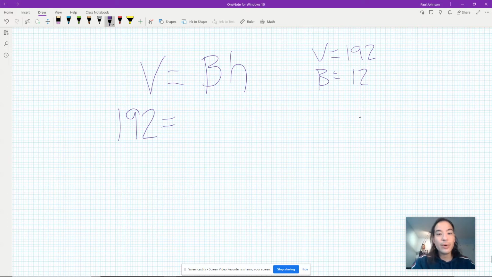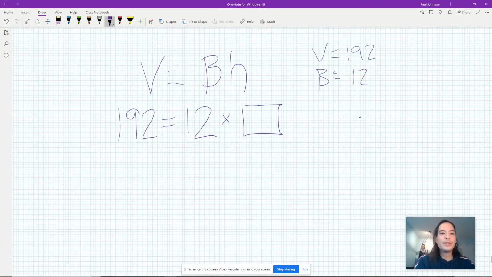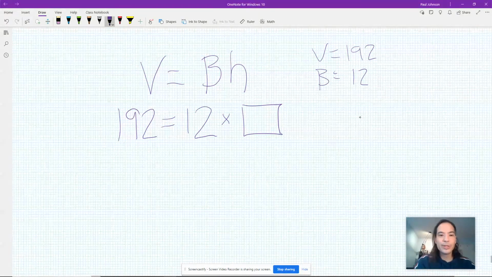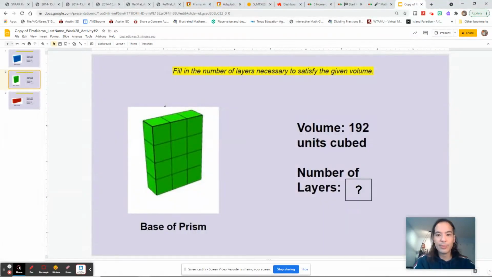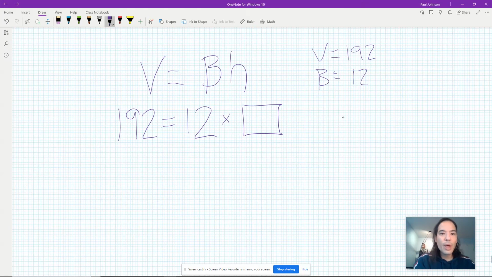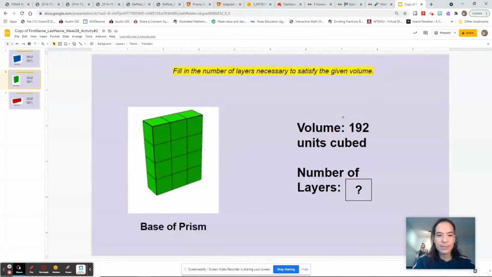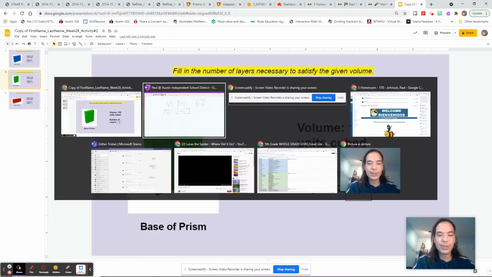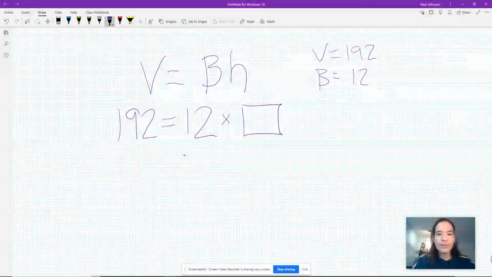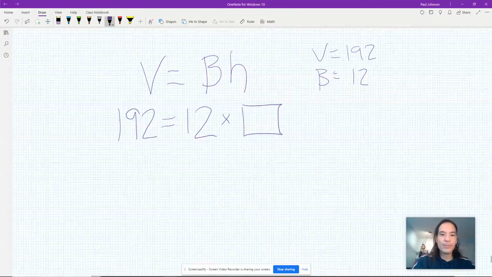I do not know my height, but I do know the base. The base was 12. And then this is times the number that I don't know. So as you can see, volume turned into 192 because it says over here, volume was 192. The base turned into 12 because we counted 12 cubic units as our base. And then we're trying to figure out the height because we don't know that yet.